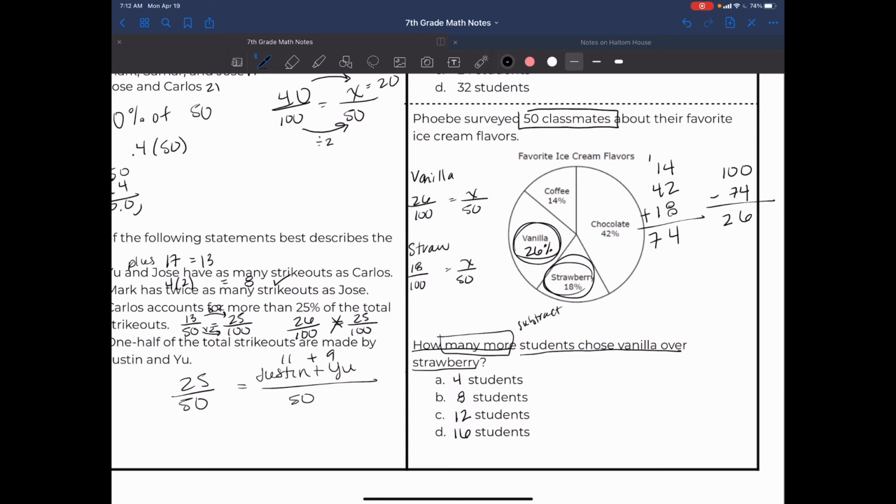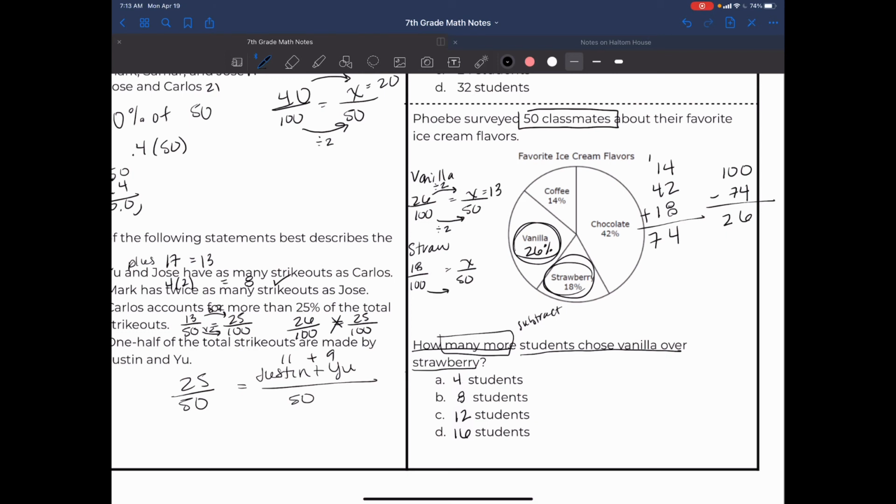Now, usually you would just cross multiply and divide, but if there's an easy scale, I'd rather just do that. And there is an easy scale here. 100 divided by 2 equals 50. So I can just do that same thing to the top. Divide by 2. 26 divided by 2 is 13.